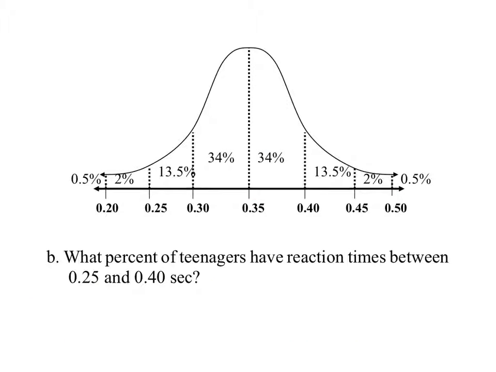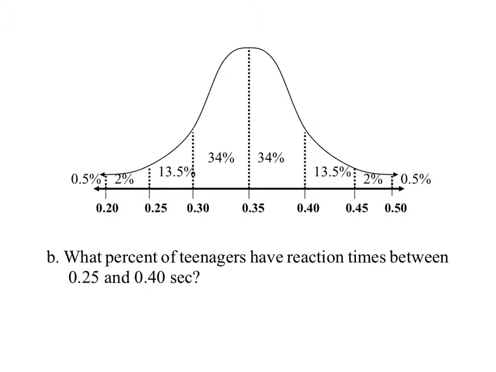And now once our curve is constructed with both our percents and our data values down here on the scale, we can answer questions that say something like, what's the percent of teens that have reaction times between 0.25 and 0.40? So from here to here, they want the total percent.